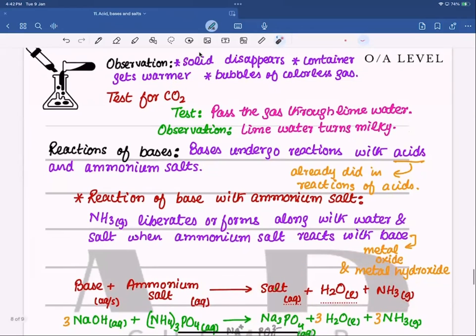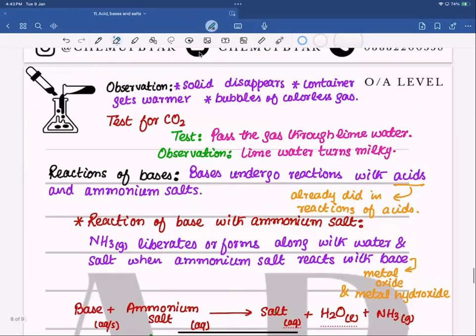So this is our general equation for this reaction: whenever a base reacts with an ammonium salt, a new salt is formed, along with water and ammonia gas. Complete this, then we will see how to make these equations and their ionic ones.